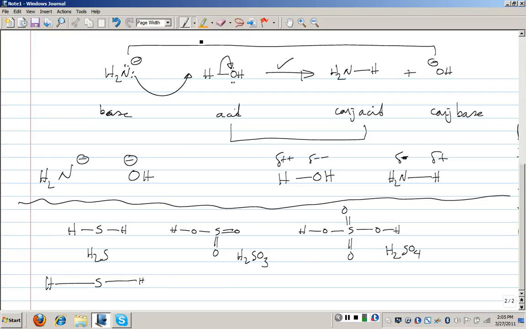So what I'm going to do then is look at the species formed upon deprotonation. So when H2S is deprotonated, I make SH minus. And the negative charge here is on a fairly large sulfur atom.